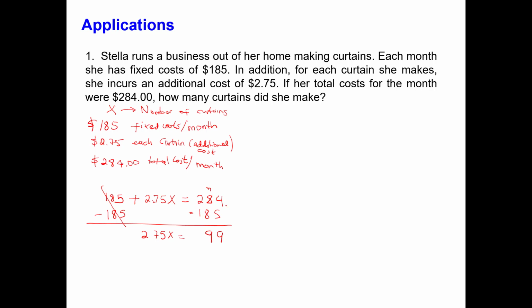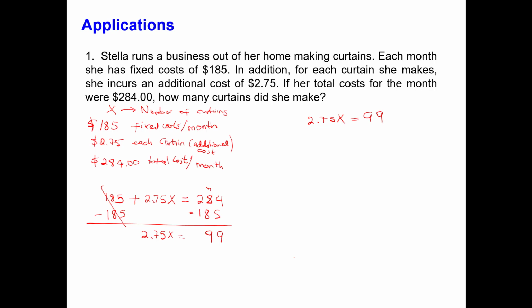And it's positive because 284 is the larger number. So now we have 2.75x equals 99.